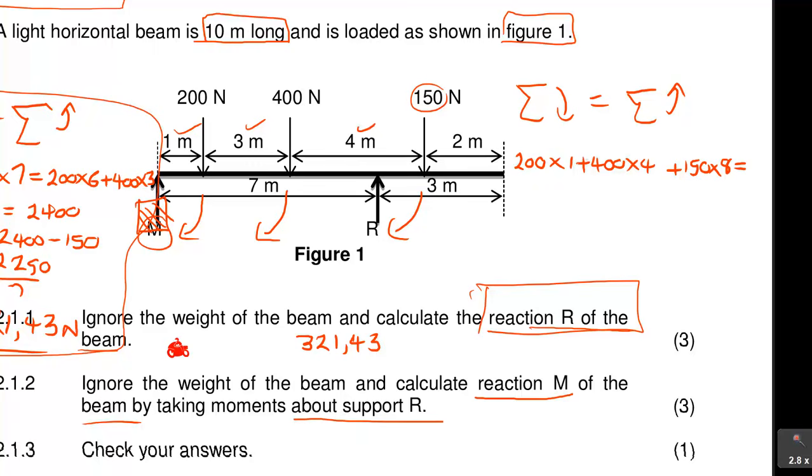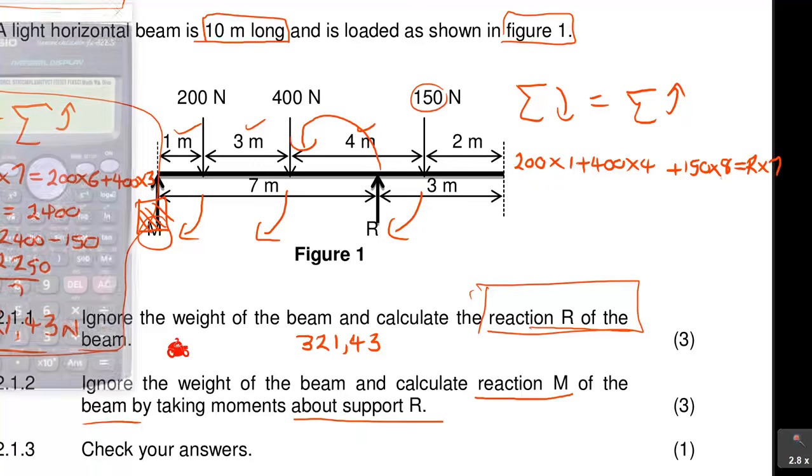This must be equal to the one that is going to produce an opposite effect, which is R. See, R will produce an anti-clockwise. So the distance of R from M is R times 7.